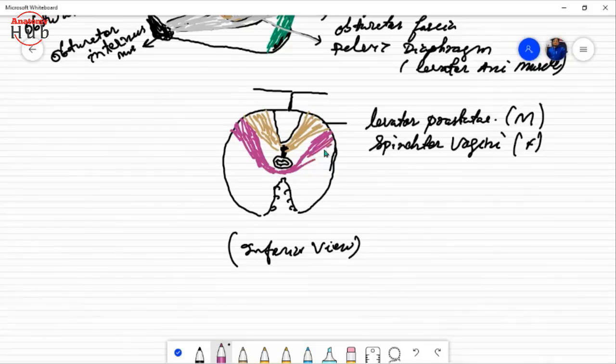So this muscle arising from the pubis, or we can say the pubic bone, makes a sling over the rectum, then goes to the opposite side, right? So this muscle will be known as your puborectalis muscle.